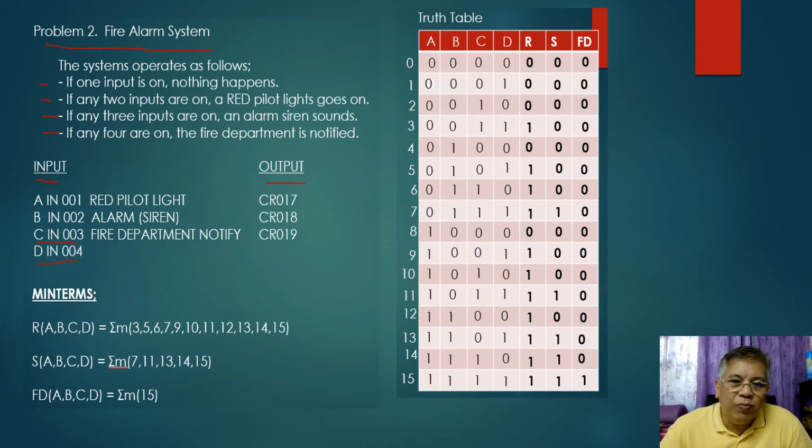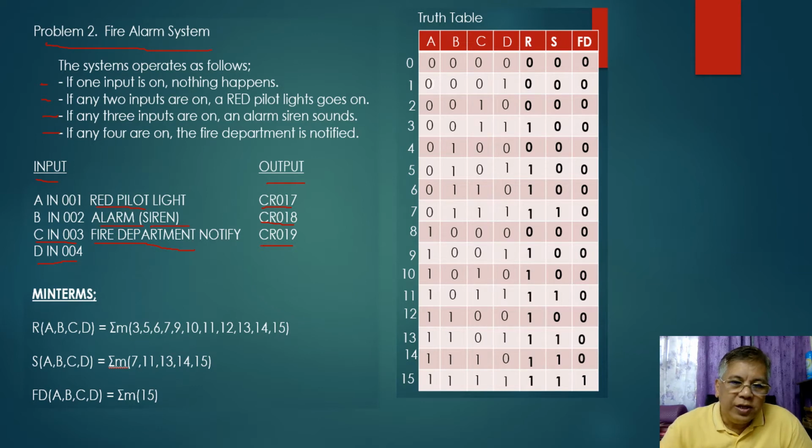And we have here the outputs: CR017, representing the red pilot light. And then you have the CR018, which represents your alarm or the siren. And then we have the output CR019, which is actually for notifying your fire department.